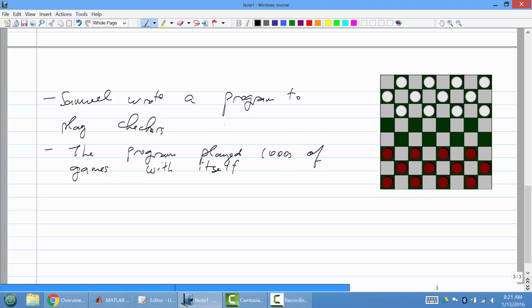All right, thousands of games with itself. So the program remembered which moves led to wins and which moves led to losses, and it built a model based on that. Given the board and the previous player's move, it would figure out the next move with a high probability of winning.